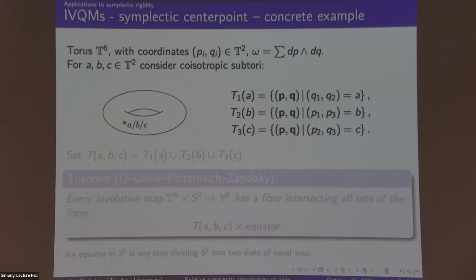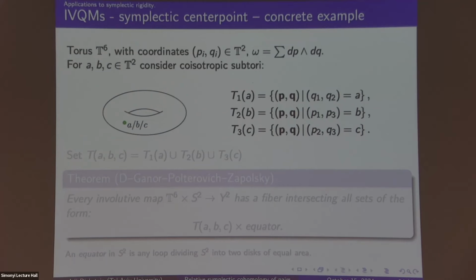The first one, T1 of A, will be the collection of all the points with q1, q2 equals A. Then we'll take T2 of B to be the set of all the points with p1, p3 equals B. And finally, T3 of C will be the set of all the points with p2, q3 equals C.